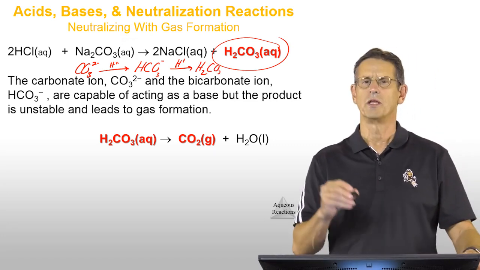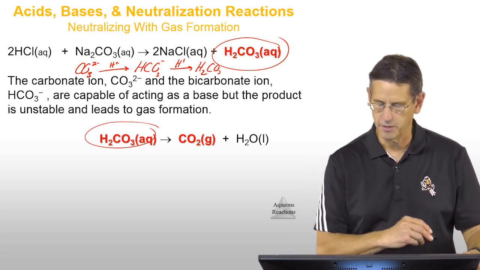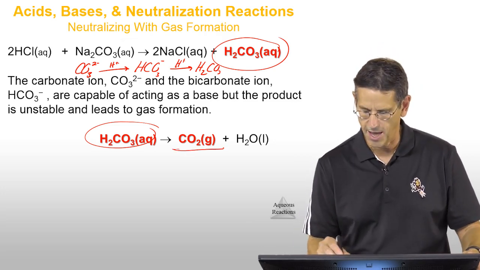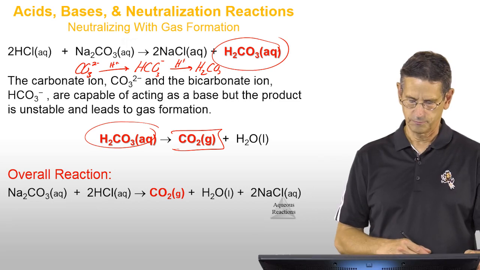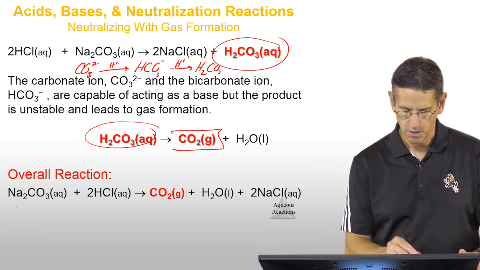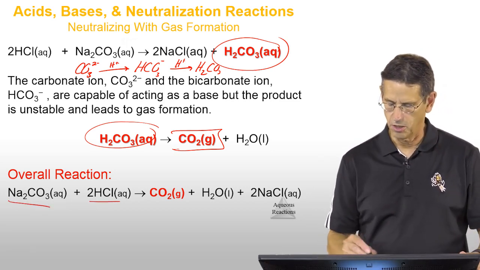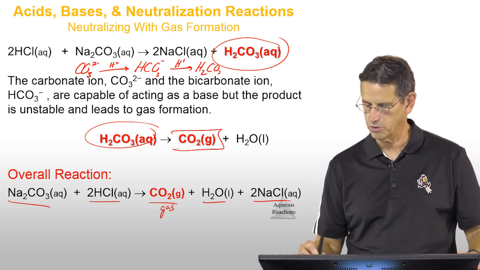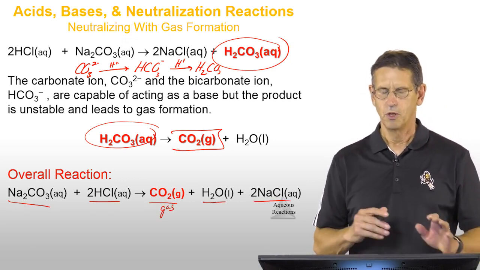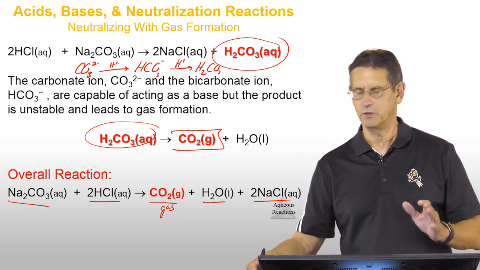But the problem is, it's not stable. This will break down into CO2. There's your gas. So the overall reaction is sodium carbonate plus HCl gives us the gas, CO2, plus water and sodium chloride. So this is a unique reaction that you'll need to recognize.